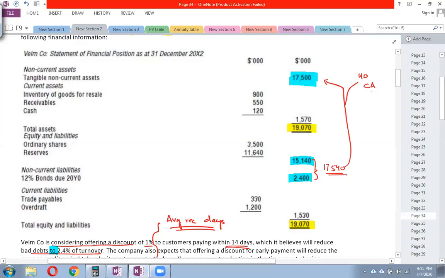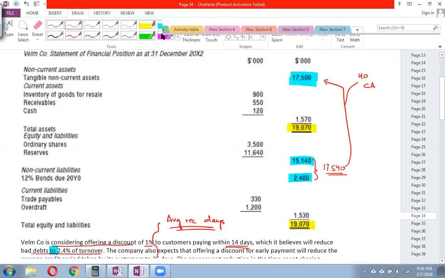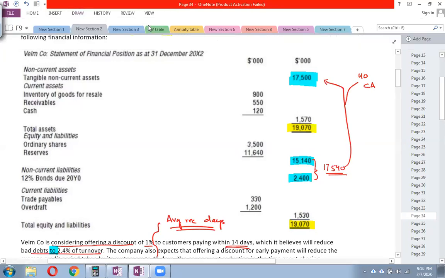So what does that mean? That means if you consider short-term finance now, which is trade payables and overdraft, that's the short-term finance. And where are the current assets? Well, current assets are here, 1570.